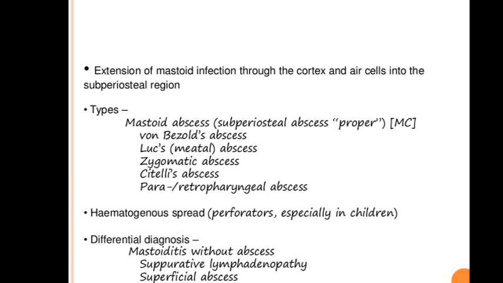You may not think of CSOM in the first instance. You may think of tuberculosis, suppurative lymphadenitis. So one possibility you should always remember is that it can be coming from the ear. So suppurative lymphadenopathy, superficial abscess, infected sebaceous cysts. These are the differential diagnoses which may be seen in case of subperiosteal abscesses.